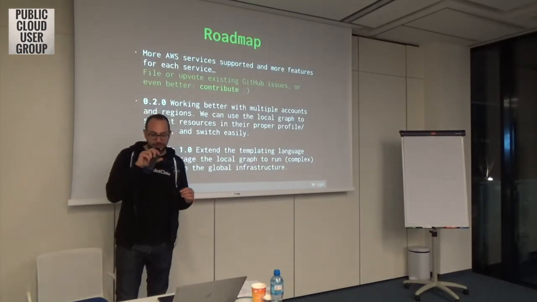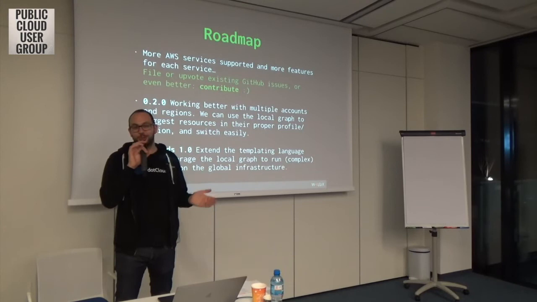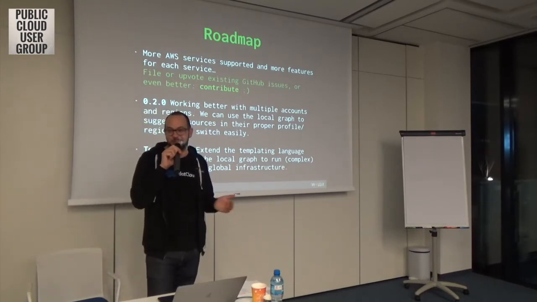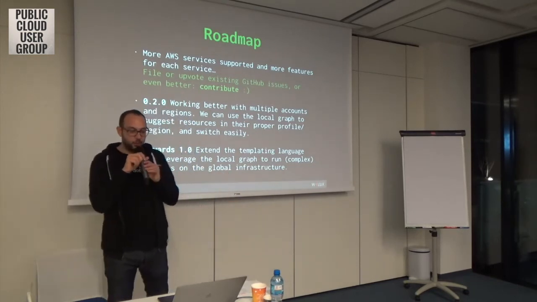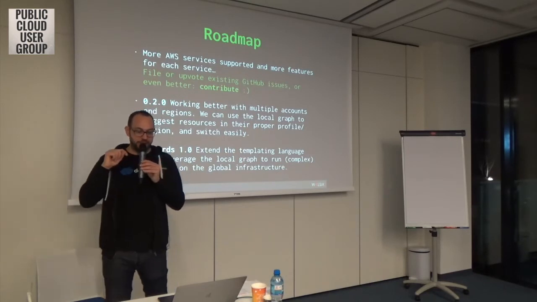Just to give you an idea of the roadmap before we move to the demo: what is the most asked for is more services and more obscure features for those services. Then the main work that we will do now is support for multiple accounts and regions.